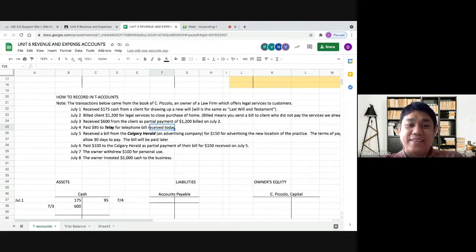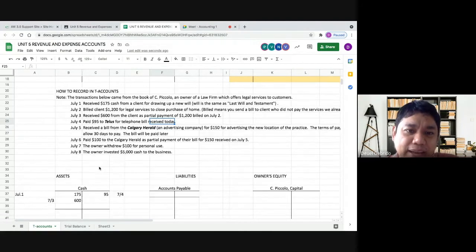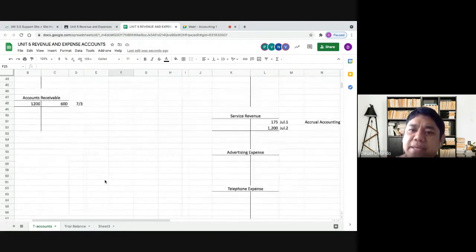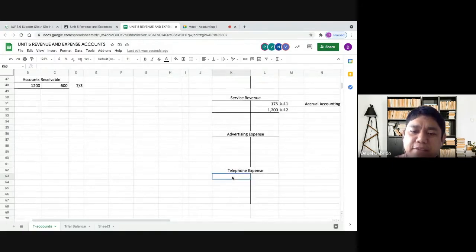It's not that we waited for 2 days before we pay it. Right then and there. So in short, our cash goes down by 95. And of course, it will be a telephone expense of 95, done on July the 4th, correct?